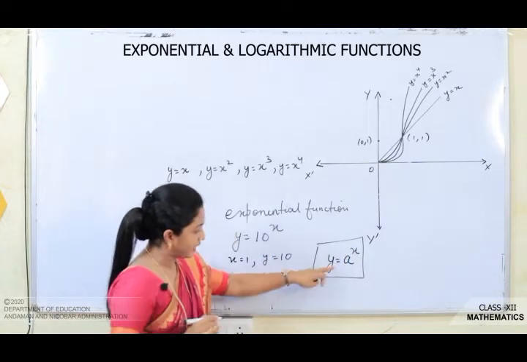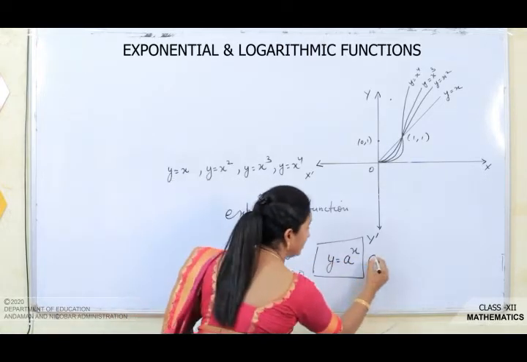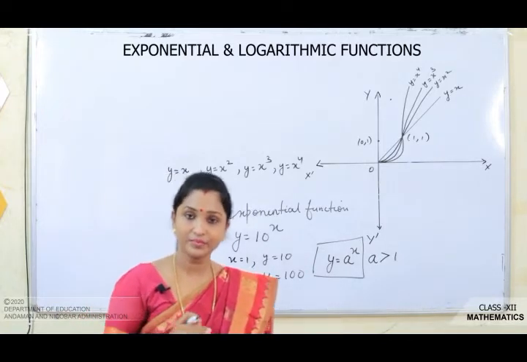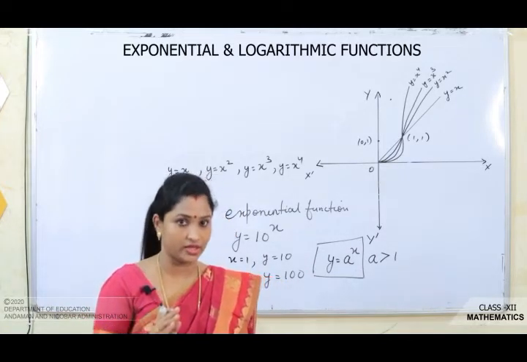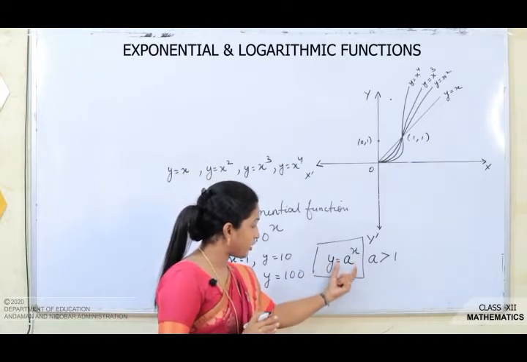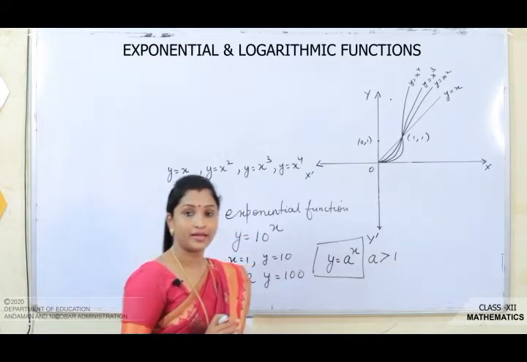The only condition is that a must be greater than 1. That is a very important part here. So y is equal to a to the power x is an exponential function where a will always be greater than 1.